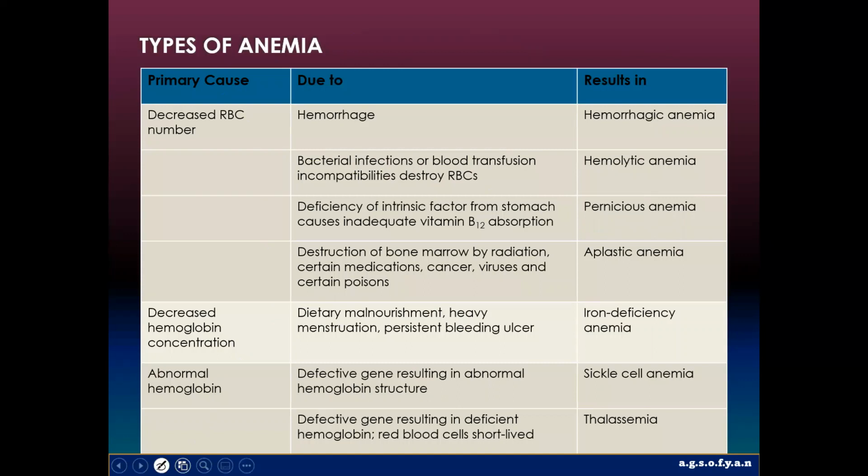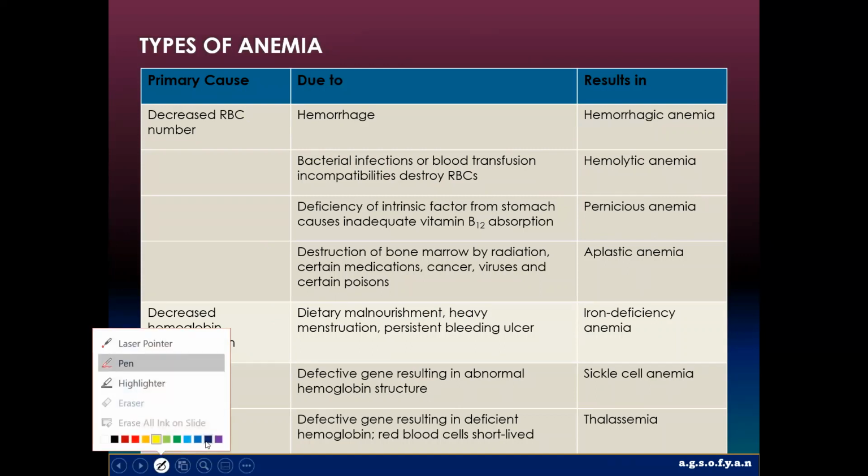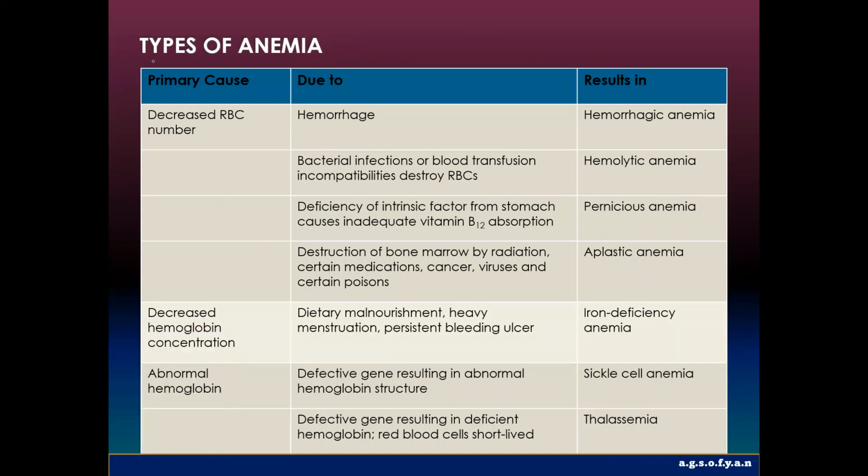Okay, so now this table shows you the types of anemia. Anemia basically means you don't have enough red blood cells or hemoglobin or hematocrit. Decreased red blood cell number may be due to hemorrhage. Hemorrhage means bleeding, maybe like accidents causing us to bleed.